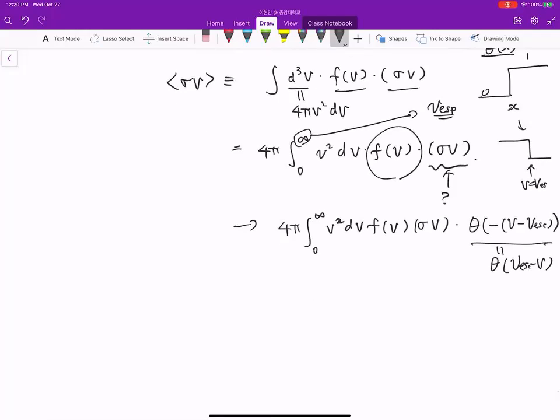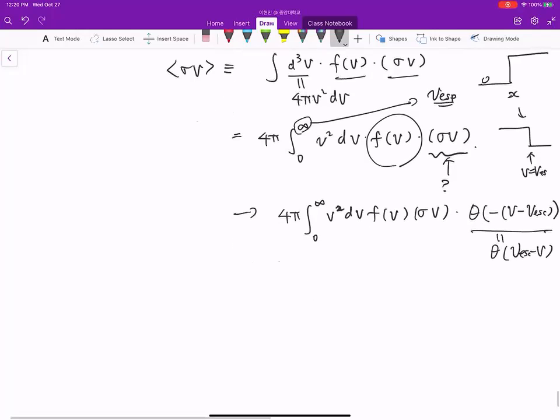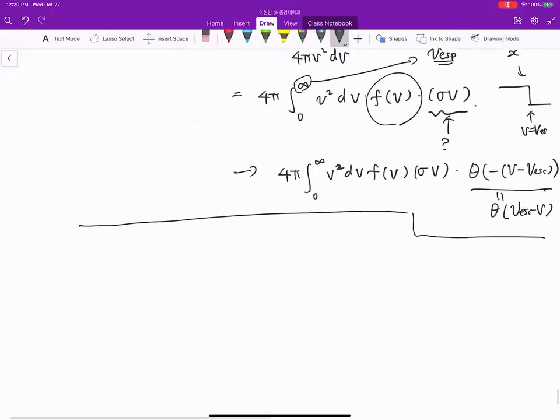In principle, you can calculate it. It becomes an error function normally. The escape velocity can be important, but it makes only small corrections. Do you have any questions?